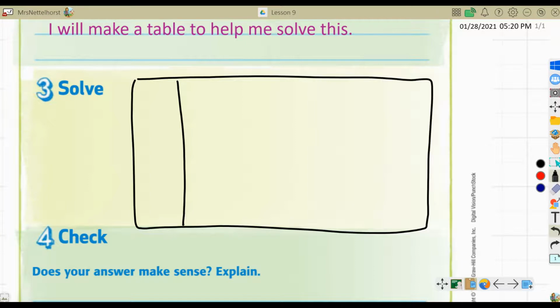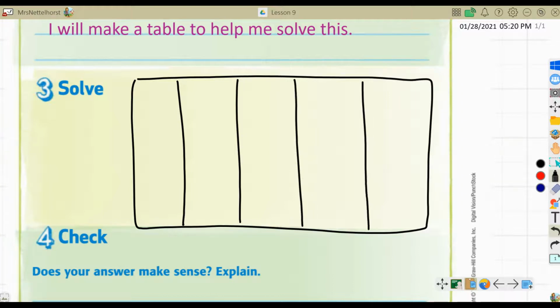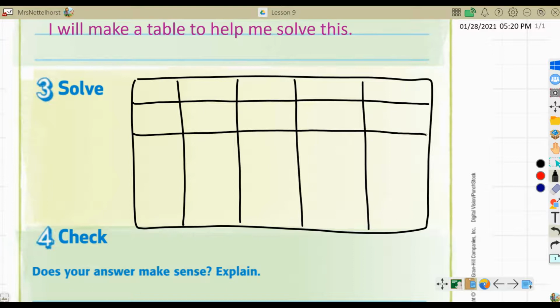I'm going to make a column for each of the pets now. So I have 1, 2, 3, 4 columns. So now I'm going to make a row to put the kinds of pets that there are. And then I'm going to put a row for each human. 1, 2, 3, 4.